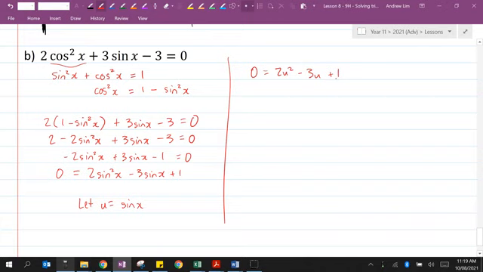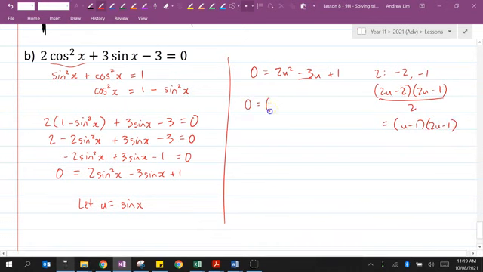Again, this is a quadratic equation that we can factorize and solve. So this is non-monic. 2 times 1 is 2. The two numbers that multiply to 2 but add to -3 are minus 2 and minus 1. So 2u minus 2, 2u minus 1, all over 2. That will factorize to u minus 1, 2u minus 1.